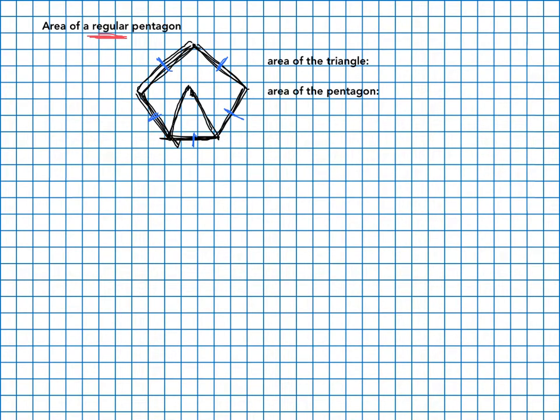Now, in doing this, first thing we're going to do is say that this line segment right here is 3 centimeters. And if I were to draw my height right here, that is 4 centimeters. So the question becomes, what is the area of this triangle right here?